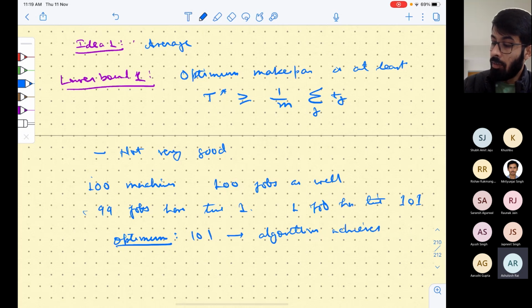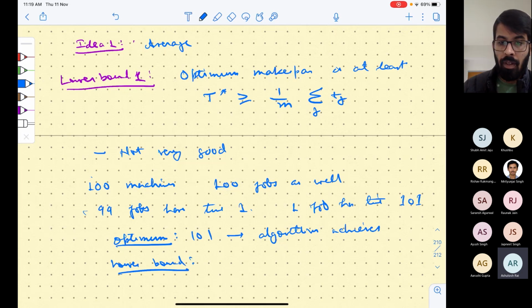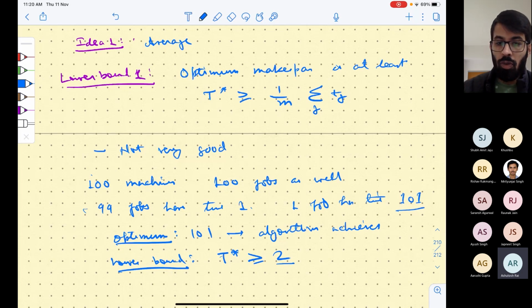But what is the lower bound that we get if we apply the same lower bound? You get T star is greater than or equal to 2, right? So we have this 2 and we want to compare it to 101, which is much higher. Even though our algorithm is performing well, our lower bound is not that useful.